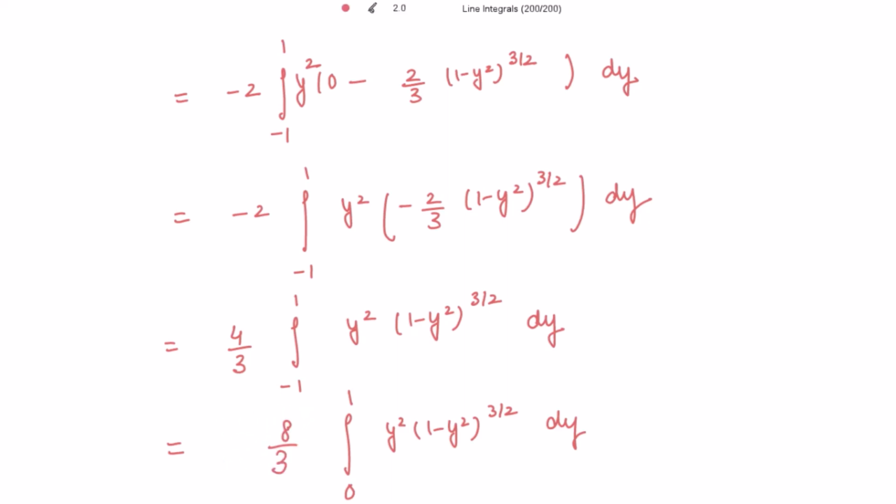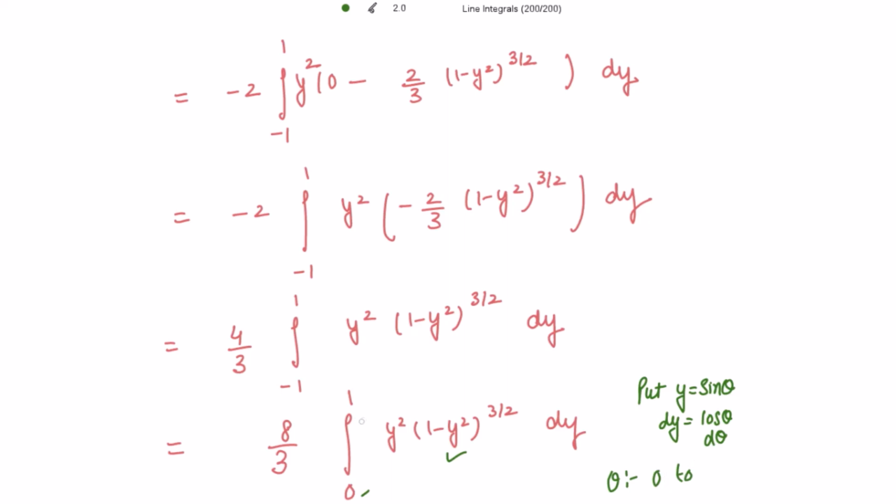Again by substitution method, let's put y to be sine of theta. And then we get dy to be cos of theta d theta. So limits of theta will be: if y is equal to 0, we get sine of theta equal to 0, and when sine theta is 0, theta is 0.